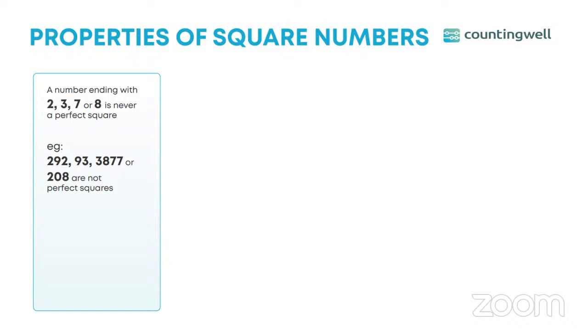For example, for the numbers 292, 93, 3877 or 208, we can see the number is ending with 2, 3, 7, 8 respectively. So these numbers are not perfect squares. So which are the numbers which we can call as perfect square? Yes, numbers ending with 0, 4, 5, 6, 9.